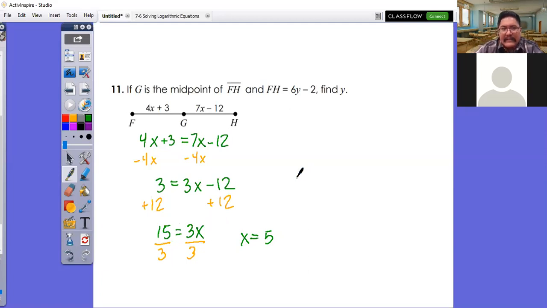All right, so we still gotta plug this back in. We know what x is, and we know what the whole thing should be. So now we have to set it up. So 4x plus 3, set it up the same way we tried to earlier. 7x minus 12 equals 6y minus 2.